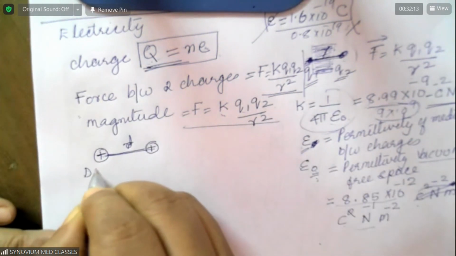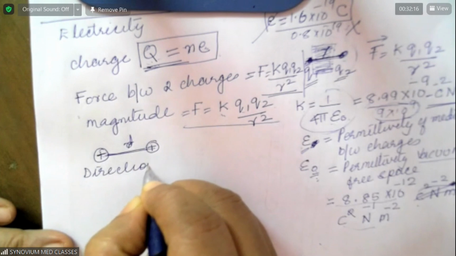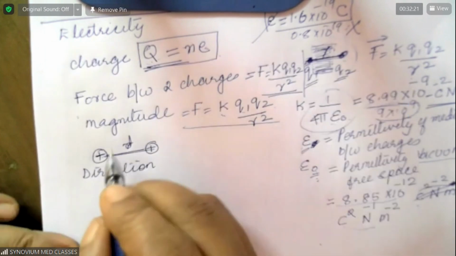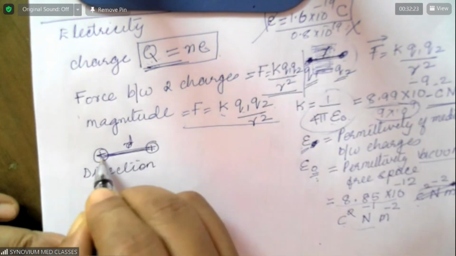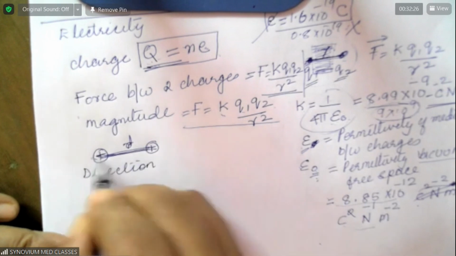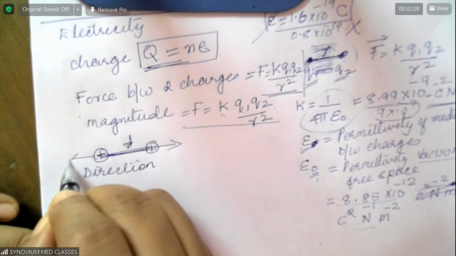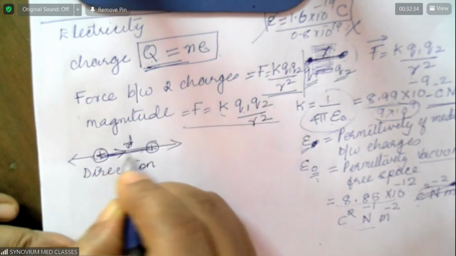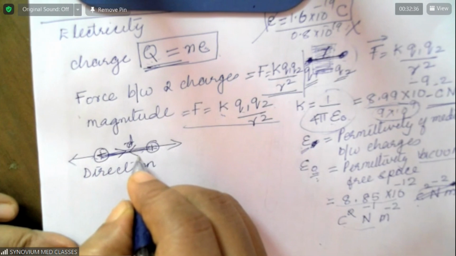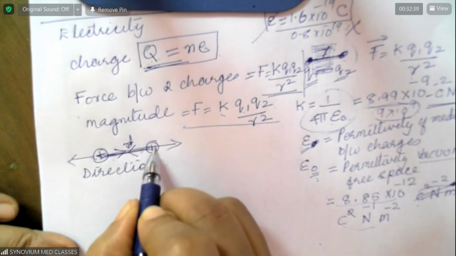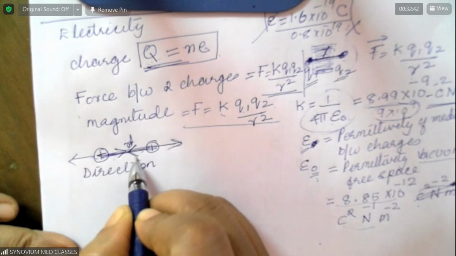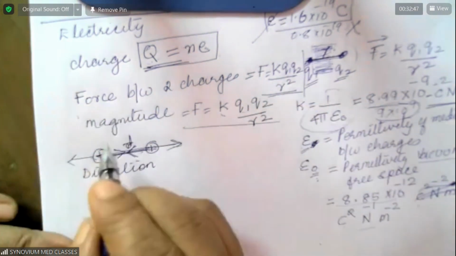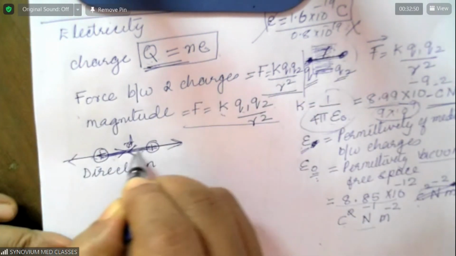How will you find the direction of the force between them? If they are of the same charge, they will get repelled, meaning pushed away. If they are opposite charges, they will get attracted. Whether attraction or repulsion, the force will be along this line.